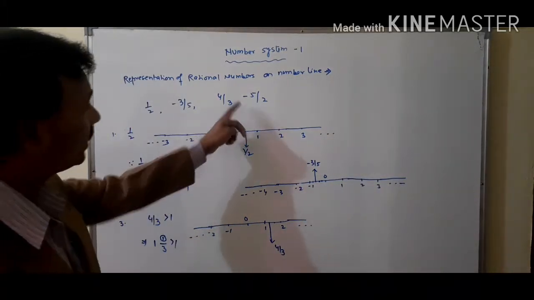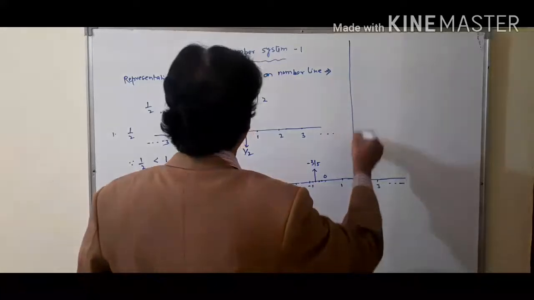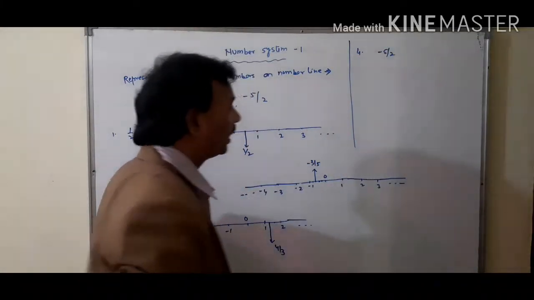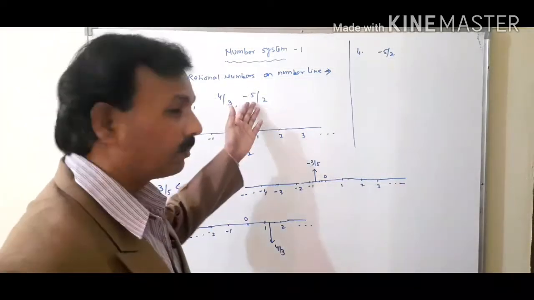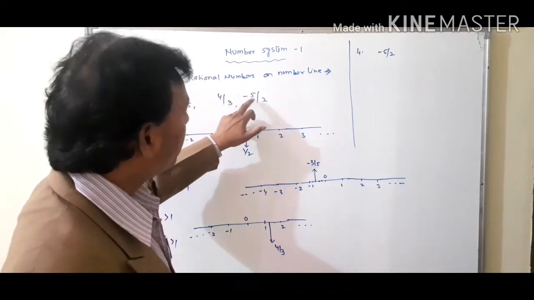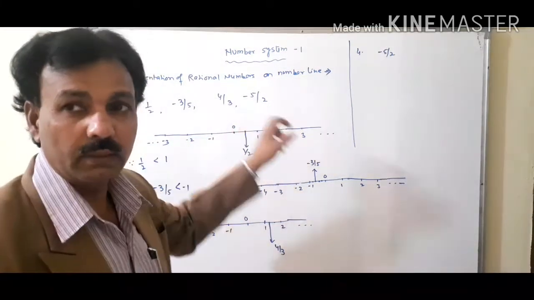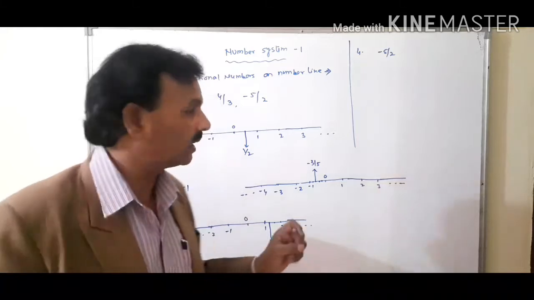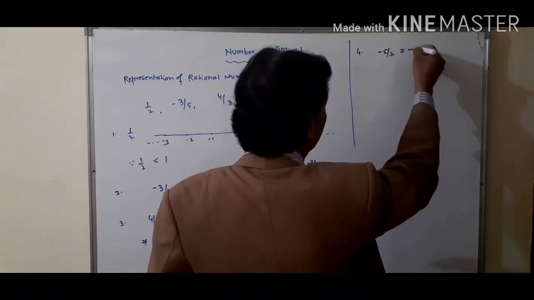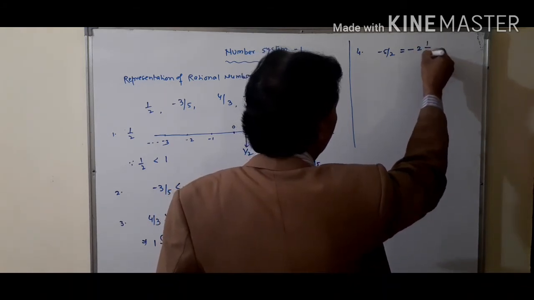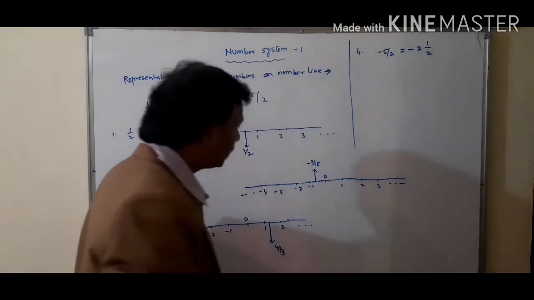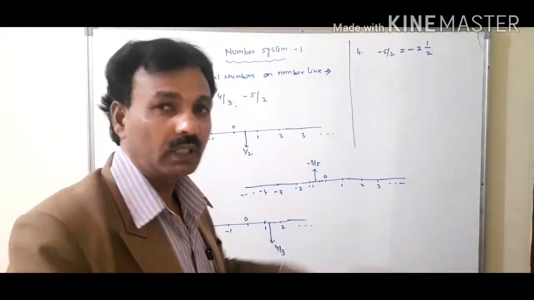Now last, take the fourth number, minus 5 by 2. This is also improper because if we leave the sign, 5 by 2 is an improper fraction. That means the numerator is greater than the denominator. So first we change this into a mixed fraction, minus 2 into 1 by 2. This number is negative, so it will lie on the left side of 0.